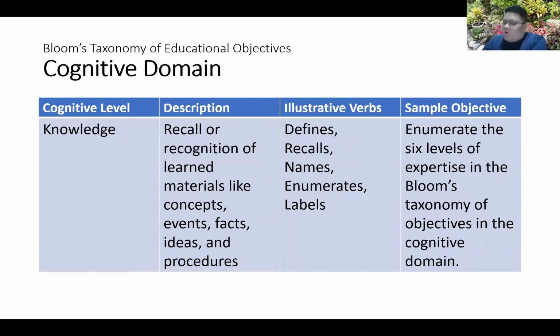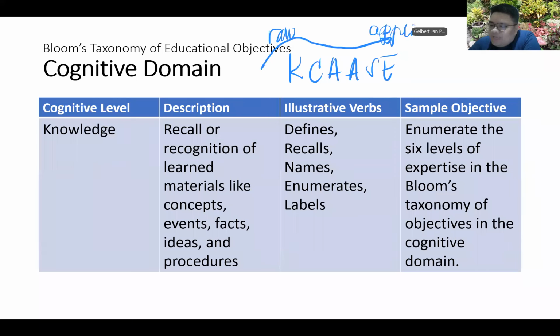So class, as you go along the case that I have mentioned, you will realize that you are moving from raw knowledge, going towards knowledge that is being applied and synthesized. Kumbaga, class, dito in the knowledge in level 1, you just memorize.